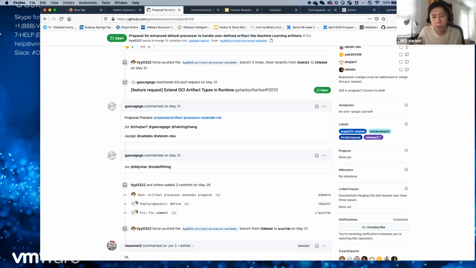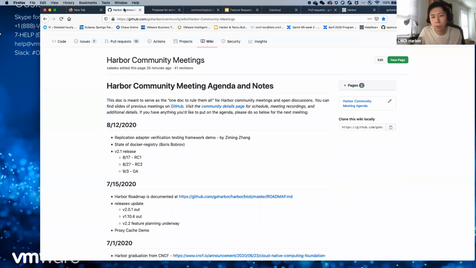So they actually wrote a little tool called ORMB, and I can share more details on the Harbor community wiki here. But they had written a client for interacting with Docker registries, for interacting with OCI registries, called ORMB.